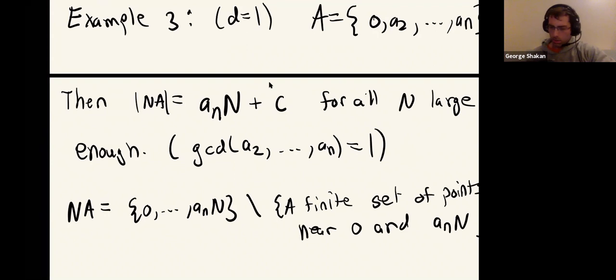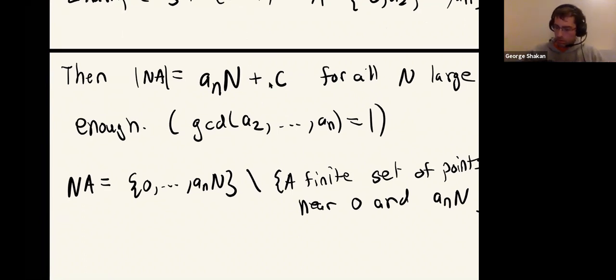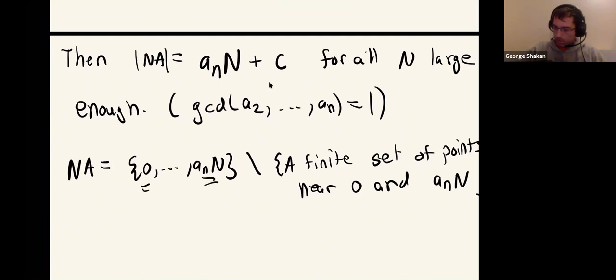What's going on is, at least for large n, as we start taking the n-fold sumset, if you take small n there might be many gaps in the set between 0 and the largest element, this maximum here.